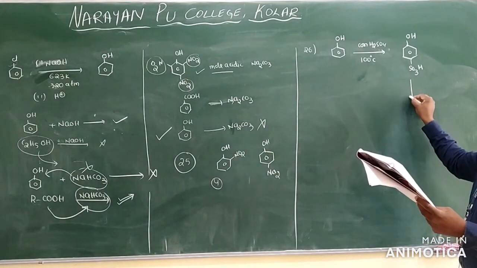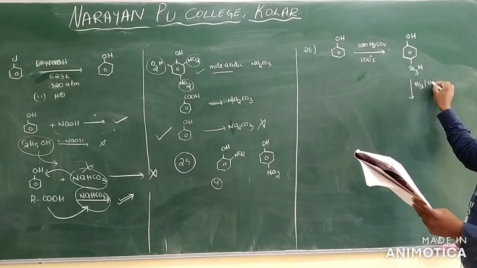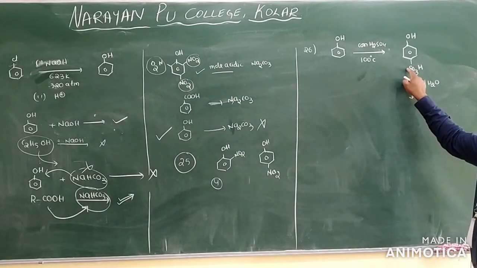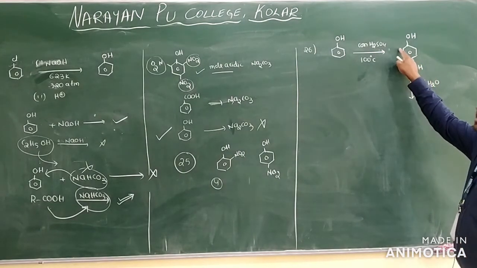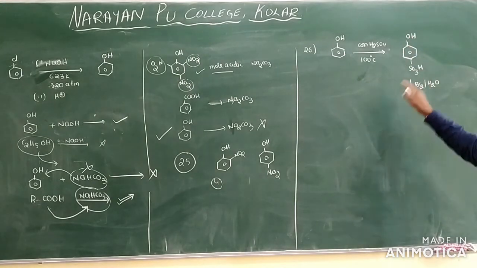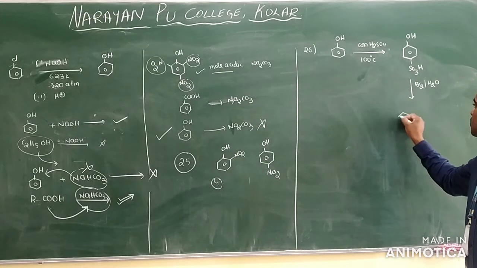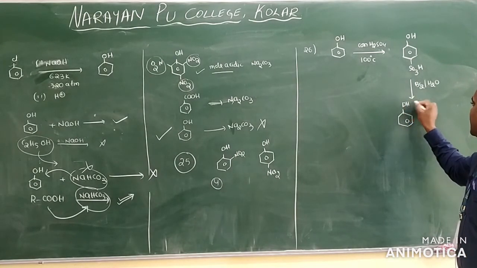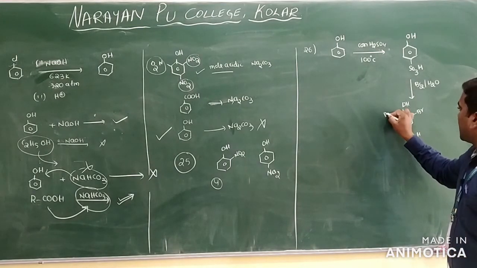And B, next it is treated with bromine and water. You know, the para position is already occupied. Bromine in water means 2,4,6-tribromophenol you will get. But one position is already occupied. So the compound is here OH, and here there is a bromine, and here SO3H, and here there will be a bromine.